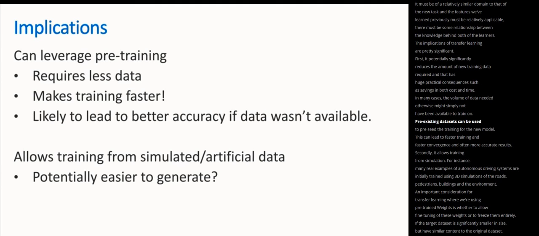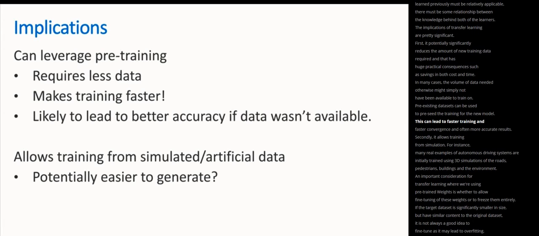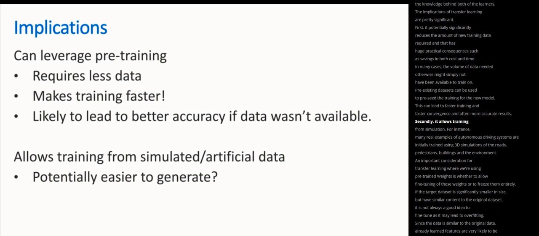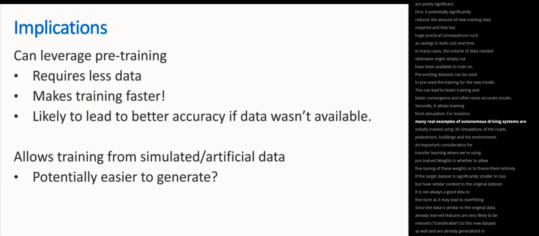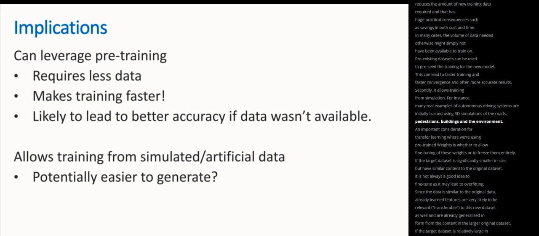Pre-existing datasets can be used to precede the training for the new model. This can lead to faster training and faster convergence, and often more accurate results. Secondly, it allows training from simulation. For instance, many real examples of autonomous driving systems are initially trained using 3D simulations of roads, pedestrians, buildings, and the environment.